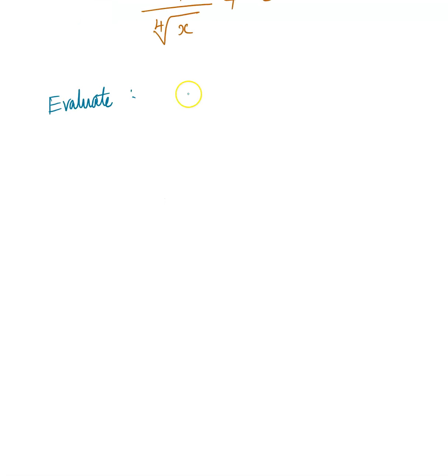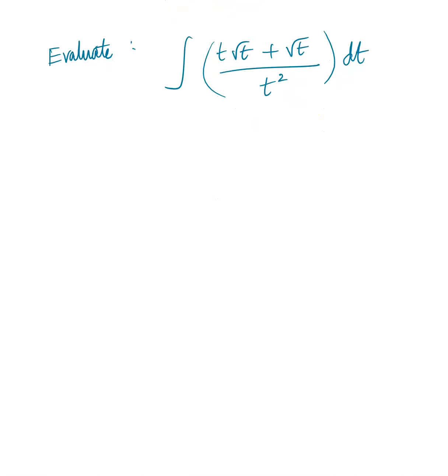Integrate. Now if you have something like this, again use algebra. Always remember algebra before calculus. So use algebra, which means you just repeat the step but separate the terms.